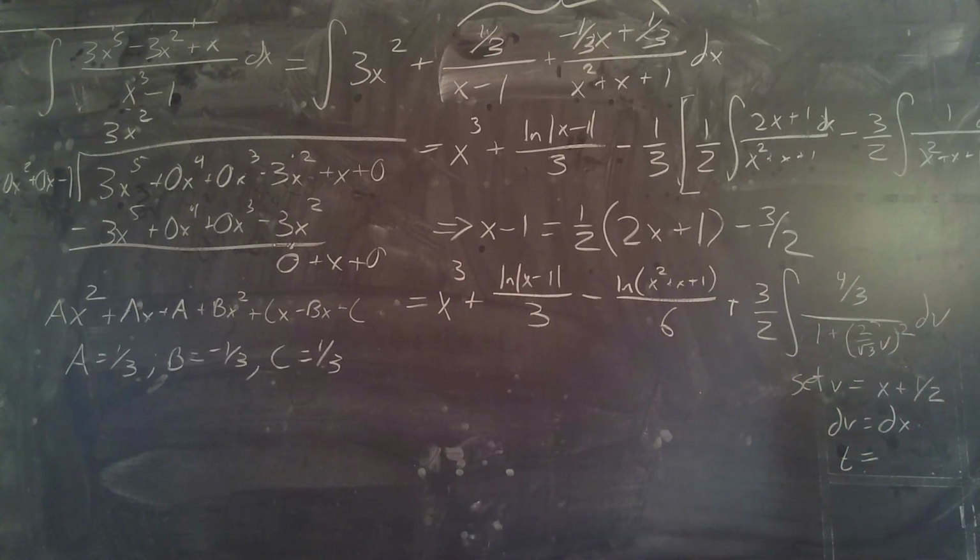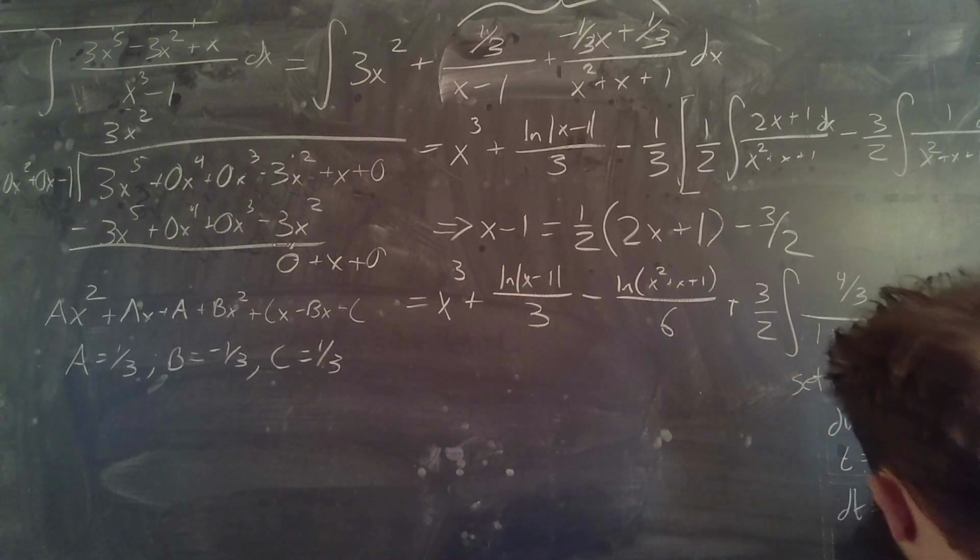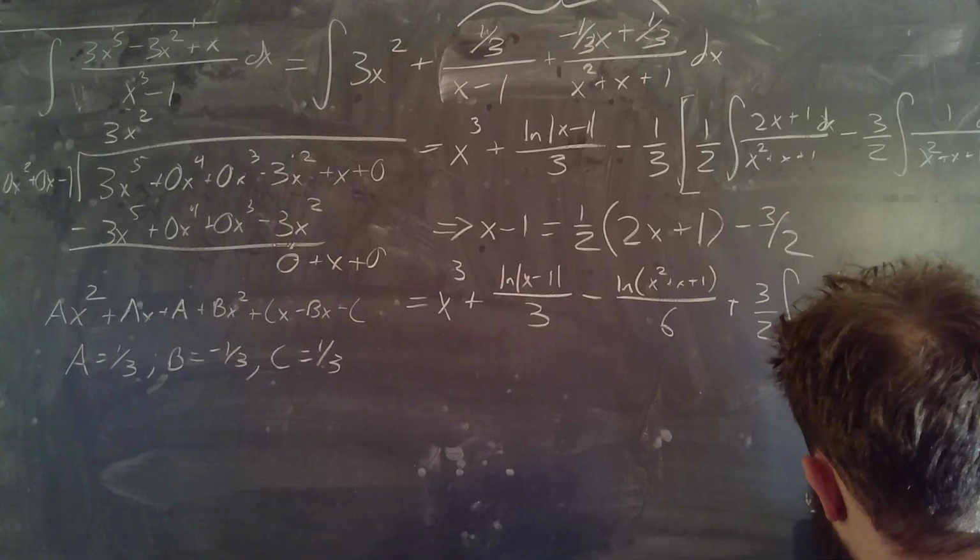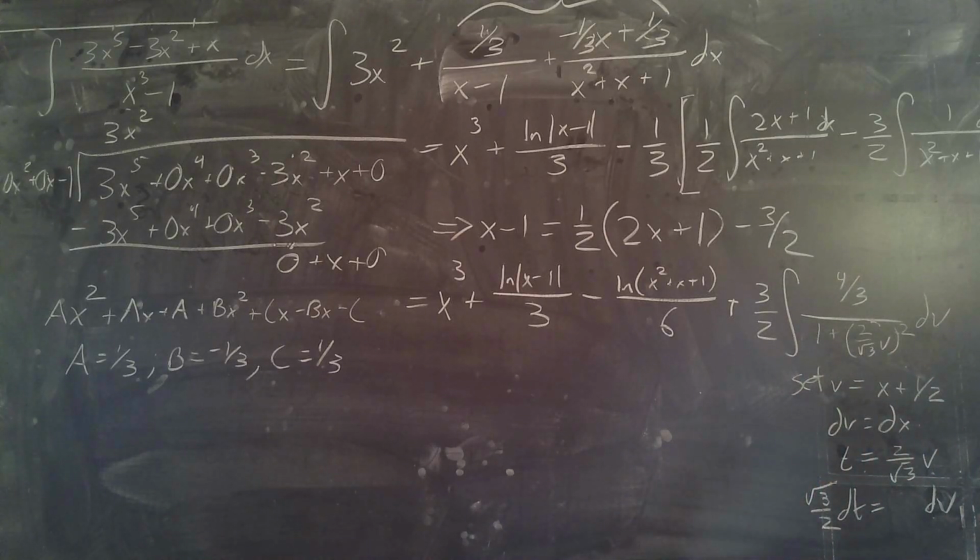And that allows me to declare another variable, t, as 2 over square root of 3 v, so that dt is equal to 2 over square root of 3 dv, or dv is equal to root 3 over 2 dt. Okay, great.